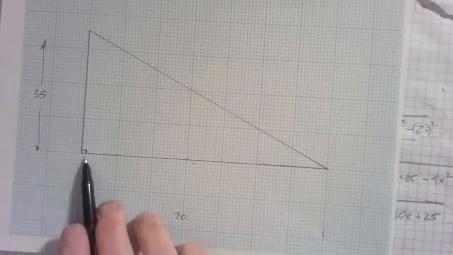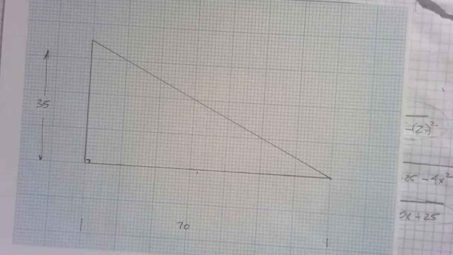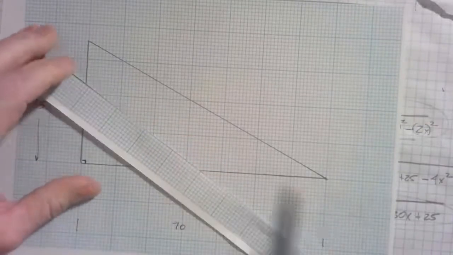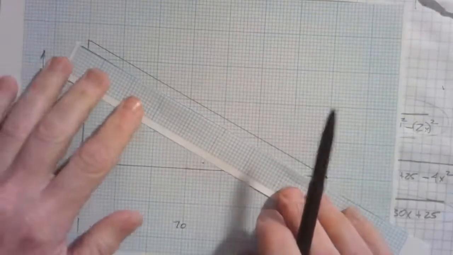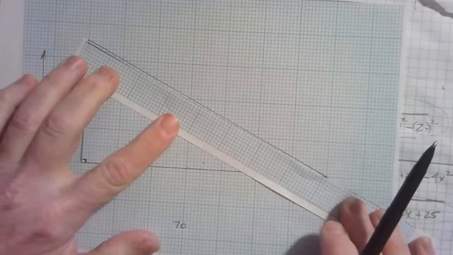And like I said, this is a right triangle. Sine, cosine, tangent are functions that apply, at least in this scenario, to right triangles. Now, the reason the ruler comes in handy is what if I wanted to measure this? It's a little harder to do that. So I could line this up and count the number of blocks here.